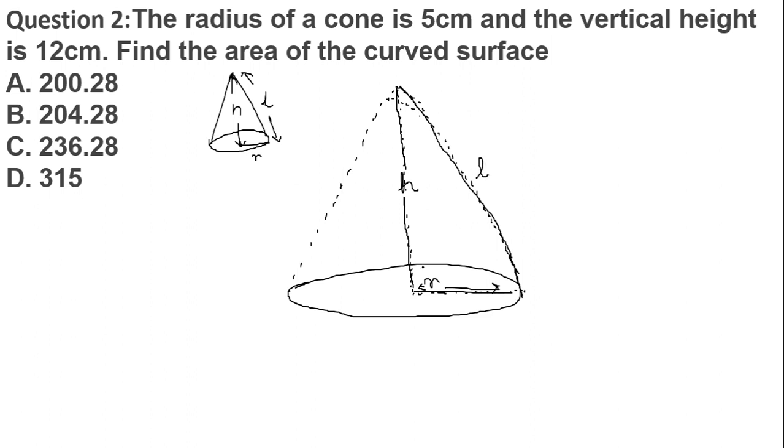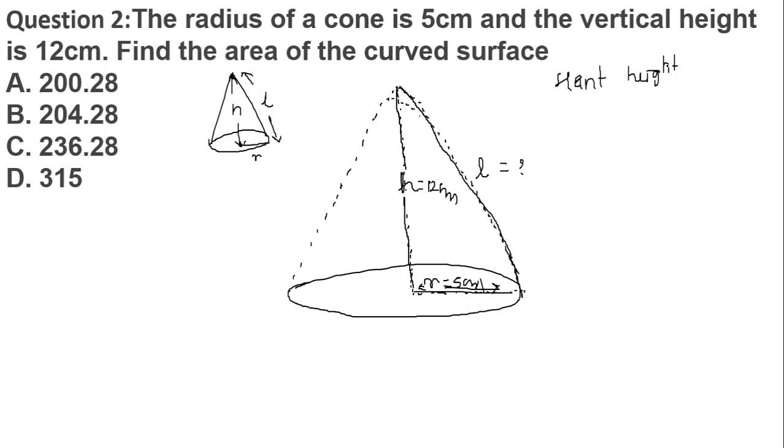By using the Pythagoras theorem, we know the value of H, which is 12 centimeter, and the radius, which is 5 centimeter. Can I find the value of L by using the Pythagoras theorem? Yes, I can. The slant height of the cone is the distance from the vertex or the apex to the point on the outer line of the circular base.